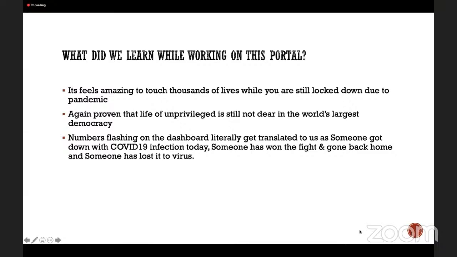It translates to us as someone still going down with COVID-19 today, someone who has won the fight and is recovering, and somebody who has lost their life. It's great learning for both of us, and it keeps us engaged with people. We are happy to share this with all of you, and we would welcome your feedback. Thank you so much.